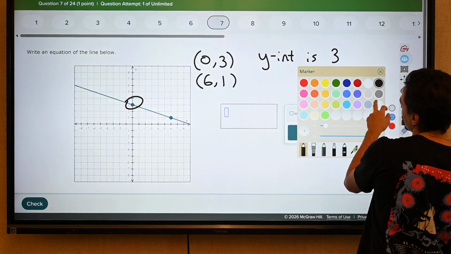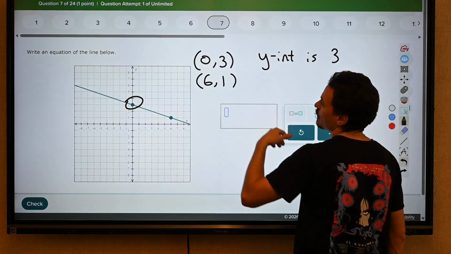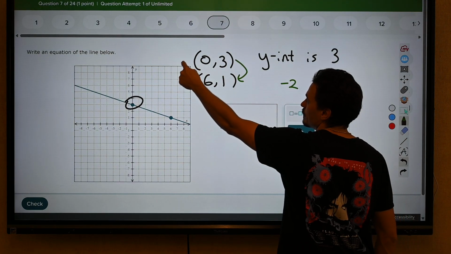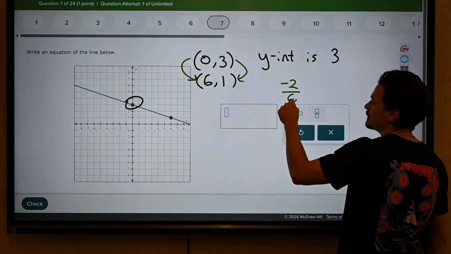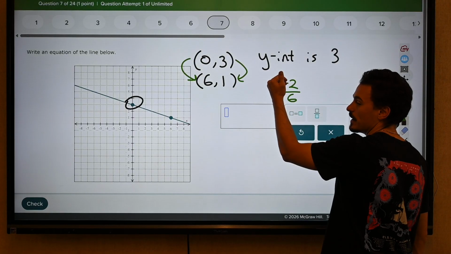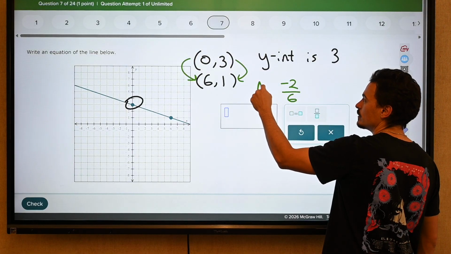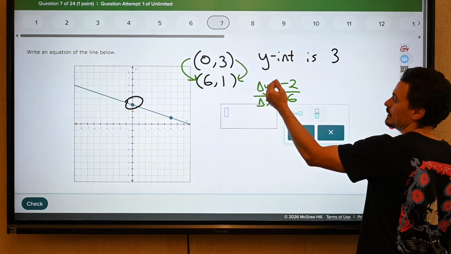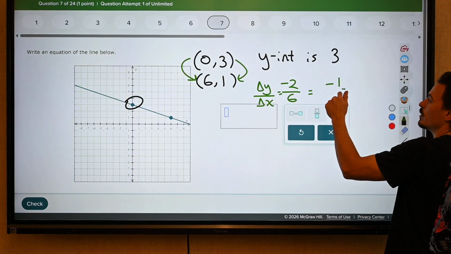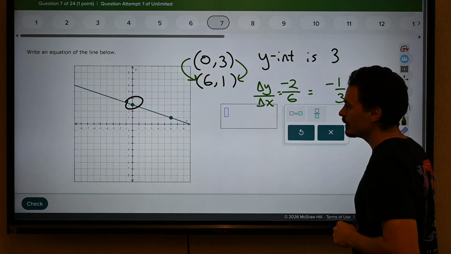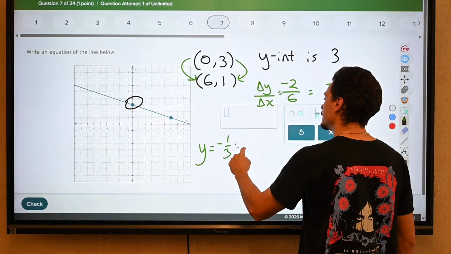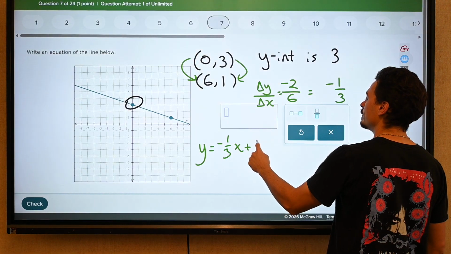To find my slope, I would go from 3 to 1, which is -2, and then from 0 to 6, which is +6. So the change in y over change in x is -2 over 6, which is equal to -1 over 3. So our equation is y equals -1 over 3x plus 3.